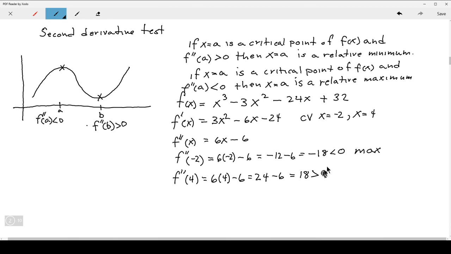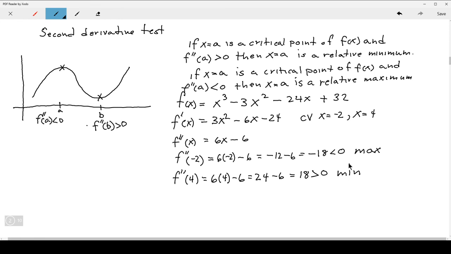That is greater than 0. So x equals 4 is a critical point of f, and f double prime of 4 is positive. That means that 4 is a relative minimum point.